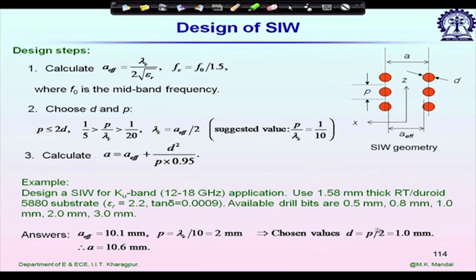We are considering the limiting value, and the drill bit we then have to use is 1 millimeter, and the corresponding A according to this formula is coming 10.6. So, the midpoint to midpoint physical separation should be 10.6 millimeter. If you fabricate this structure in this substrate, it should support 12 to 18 gigahertz band applications.